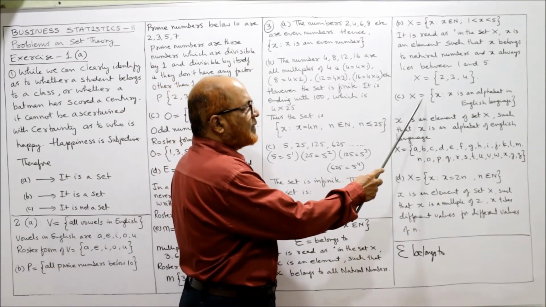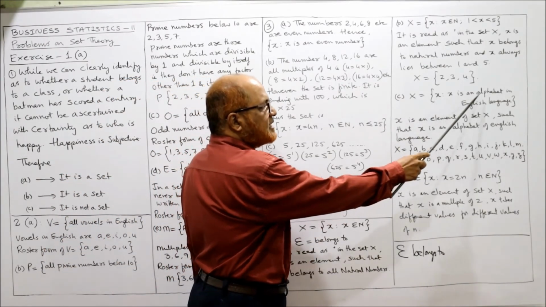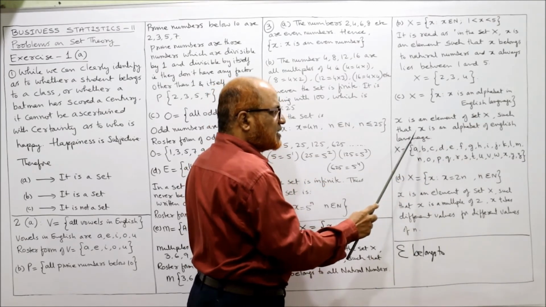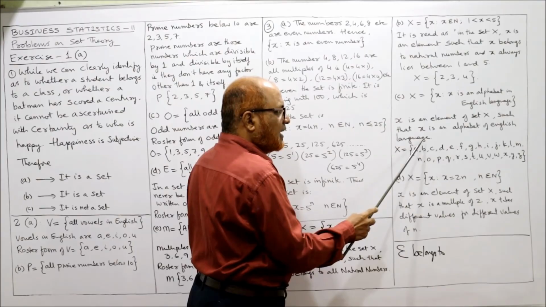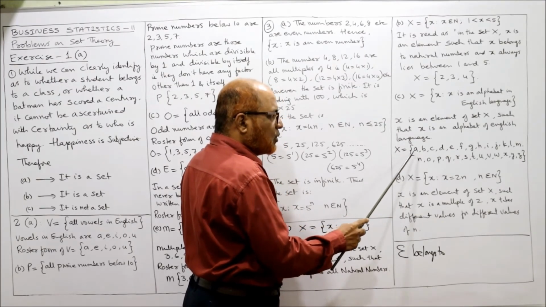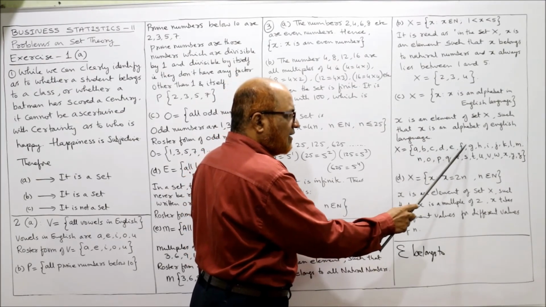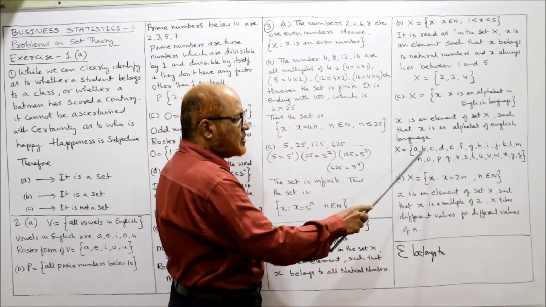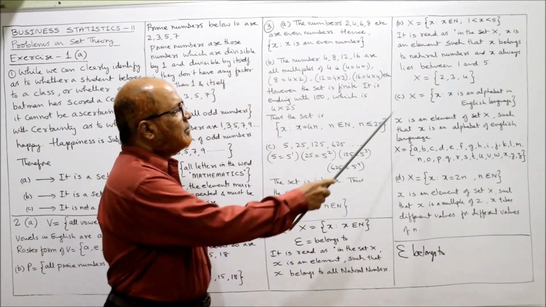So X is equal to A, B, C, D, E, F, G, H up to Z. All these are the elements of X. That is the meaning of this rule.